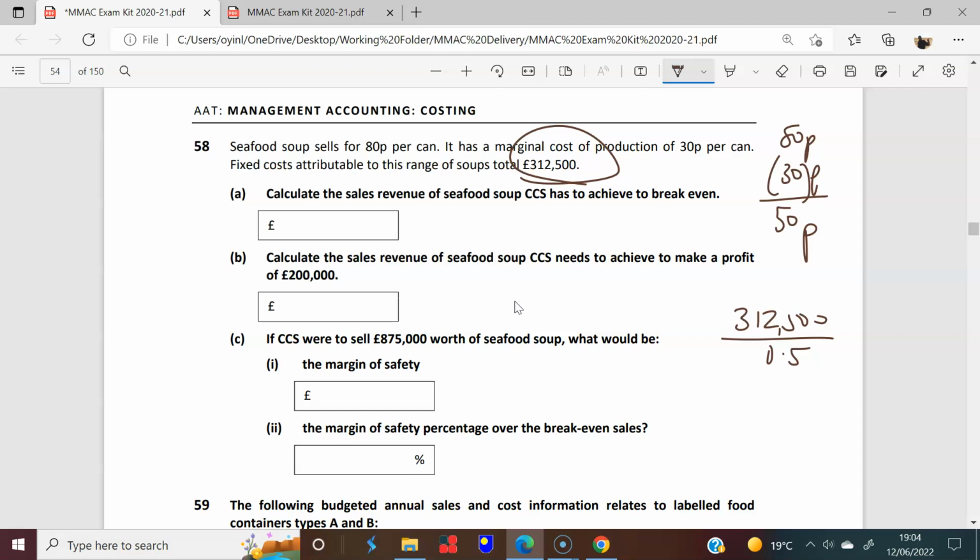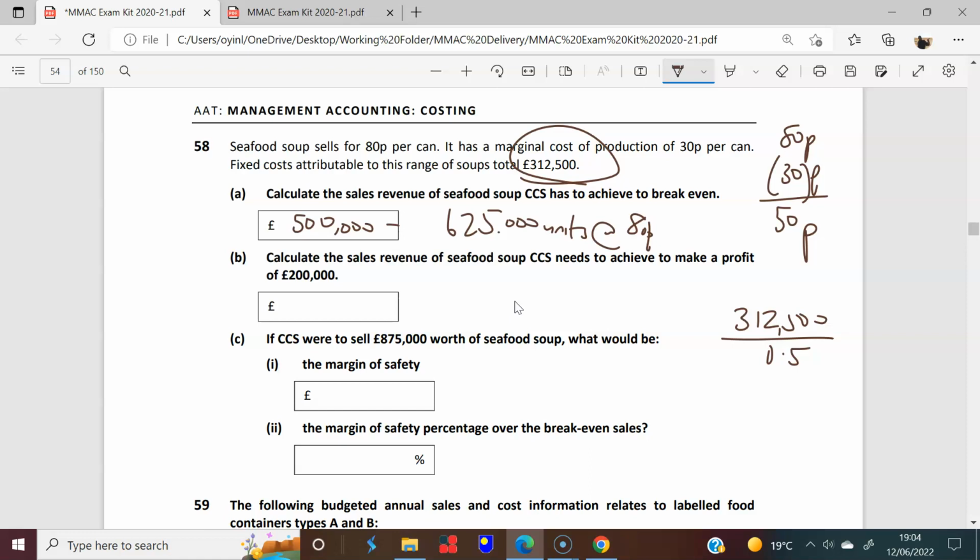So you need 625,000 units. And of course, multiply that by the selling price of 80p, times 0.8, that's £500,000. And that's how we get the sales revenue.